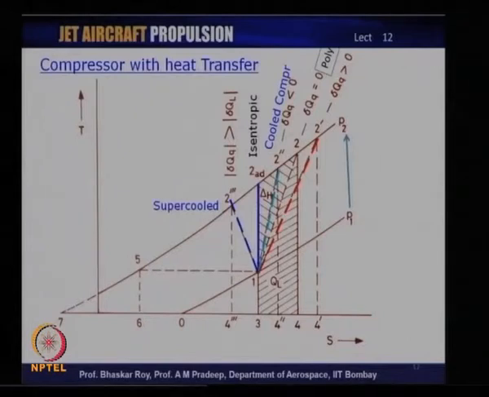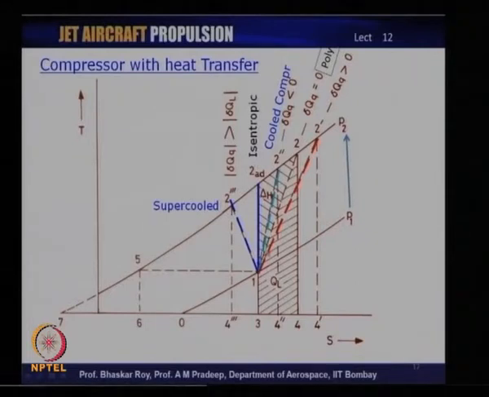Now, we take a look at what happens if we have a compression process with a certain amount of heat transfer. What does happen is that when the process of heat transfer is going on, the compression is affected. Now, the blue line 1 to 2 adiabatic is indeed the ideal process, or we may call the isentropic process.